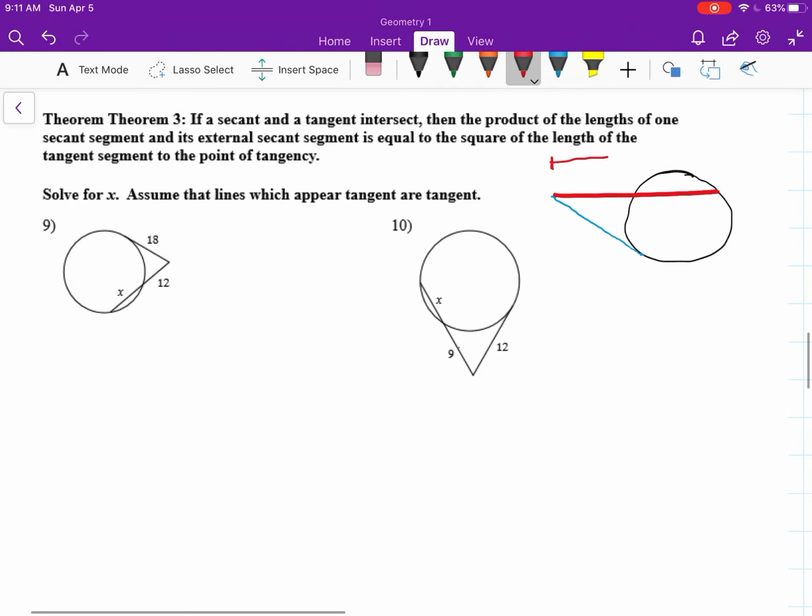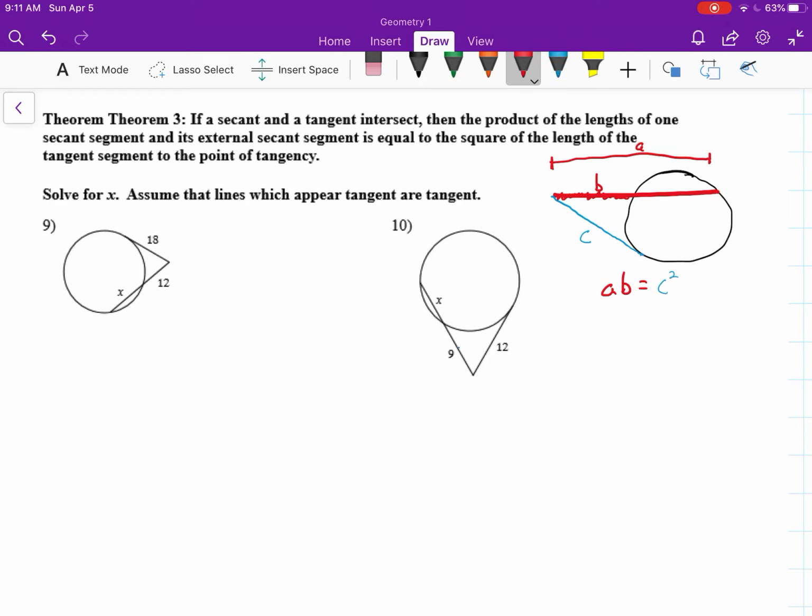We'll call this whole length A, and the external part here we'll call B, is equal to the square of the length of the tangent segment to the point of tangency. So this is C. So what we see here is A times B is equal to the square of this, so C squared.